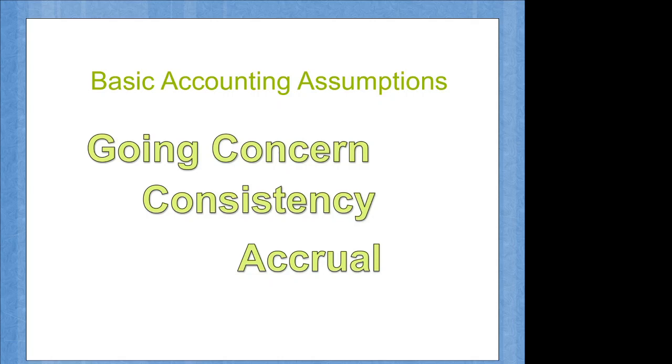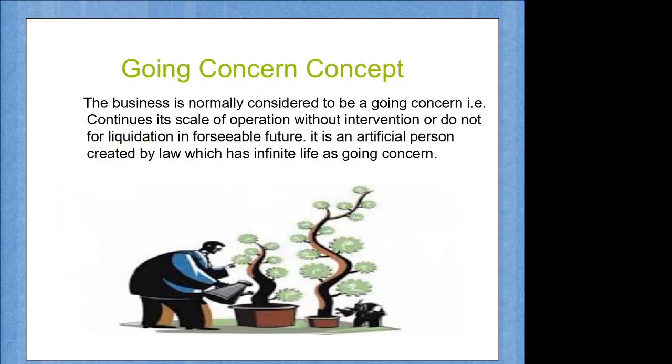Now, what are the basic accounting assumptions? Basically, when financial statements are prepared, going concern, consistency, and accrual are the default accounting assumptions or principles. Let's understand them one by one. What is the going concern concept? It assumes that the business is normally considered to be a going concern.